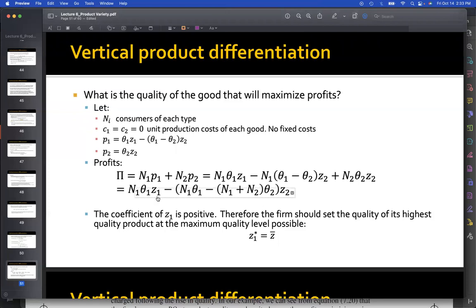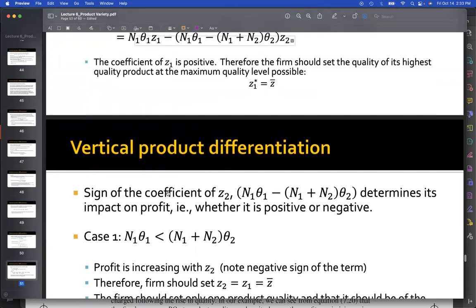Why? Because look at the first derivative with respect to Z1, it's just this. So you should set Z1 as high as possible. The only question is, what is Z2? Now, the derivative of profit with respect to Z2 is just this guy times a minus 1. So there are cases.